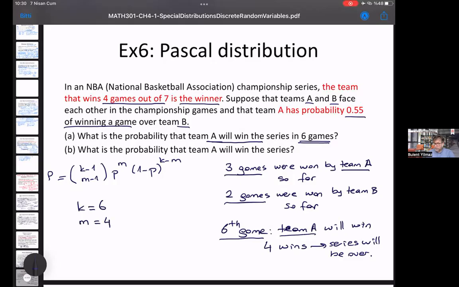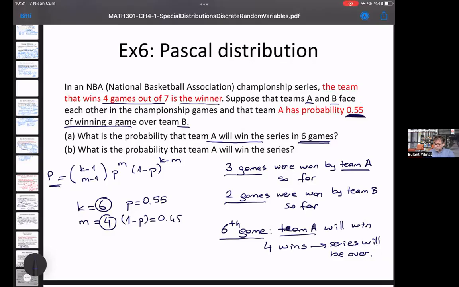Okay. Out of 6 games, I need to win 4 games. What's the probability of team A winning a game? 0.55, it's given here. And the probability of losing a game for team A is 0.45.